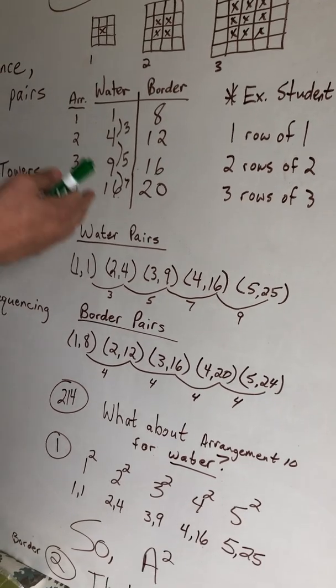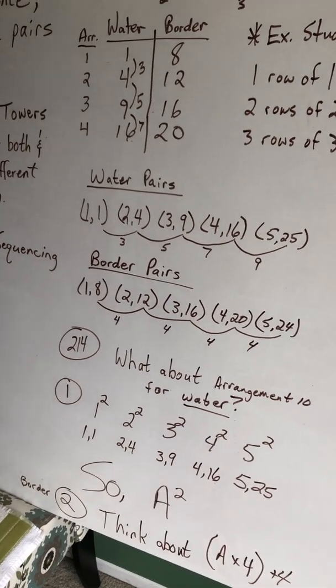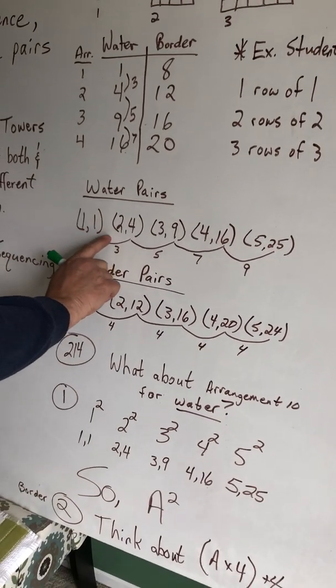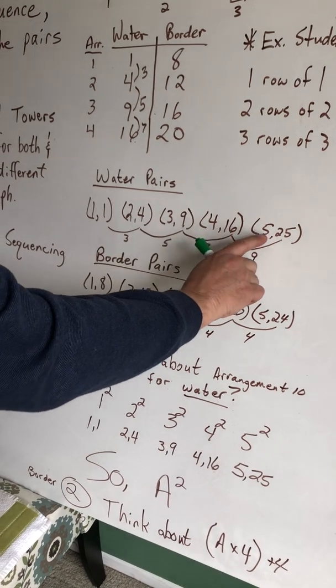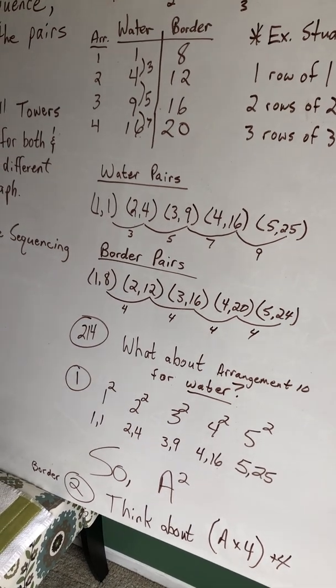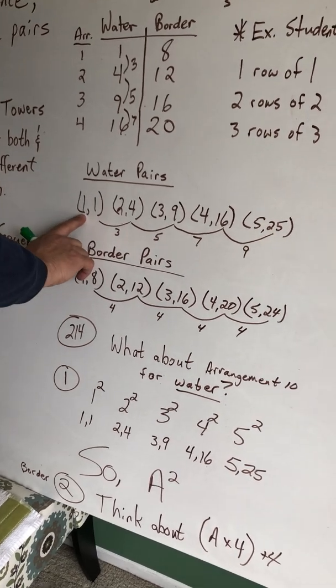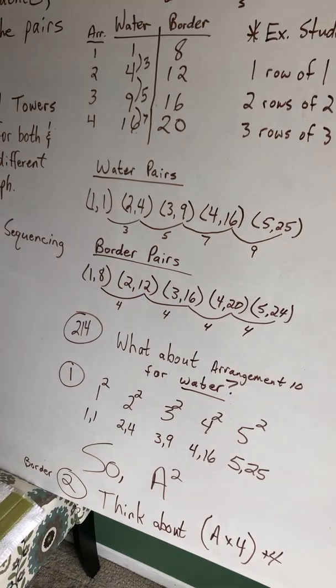So in the middle of our board, what I did is I did the first 5. Notice the arrangements, 1, 2, 3, 4, 5. That's when you know that those are the arrangements, okay? Because that X is always whatever arrangement you're looking at.